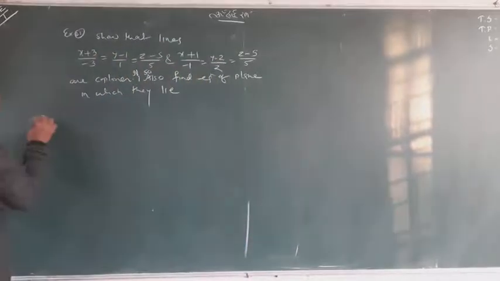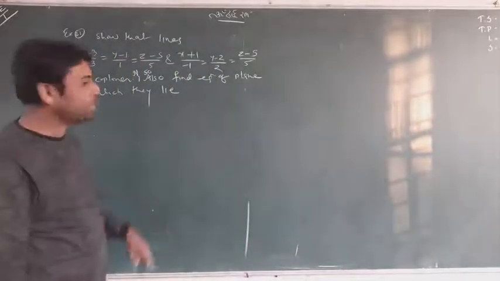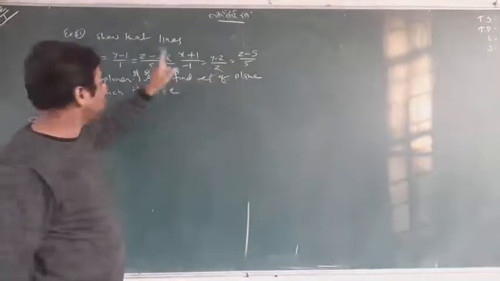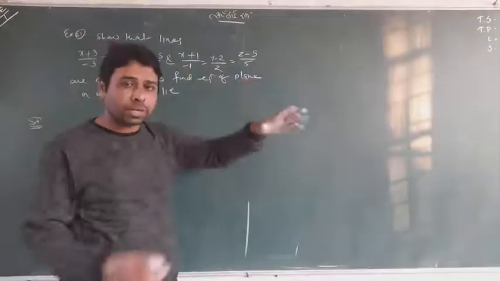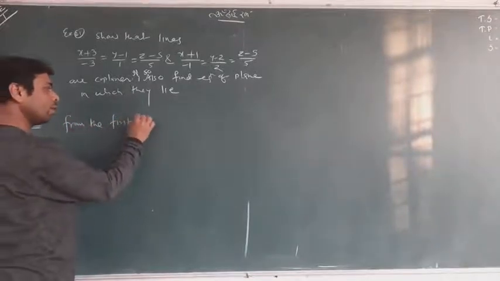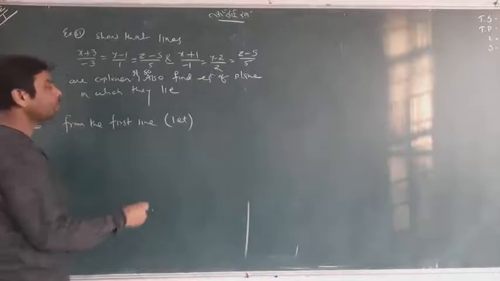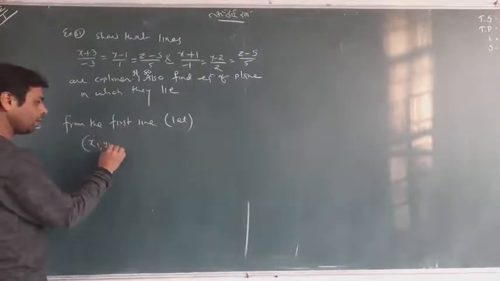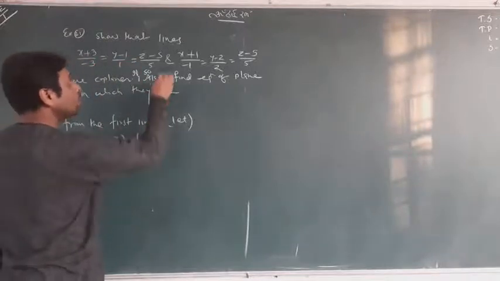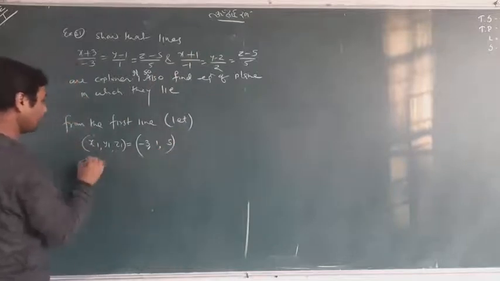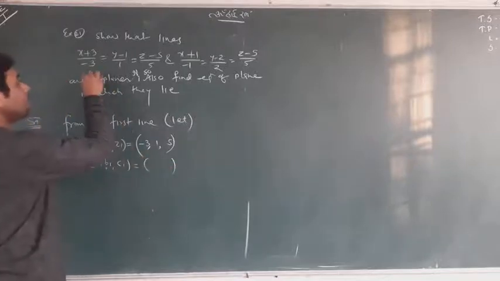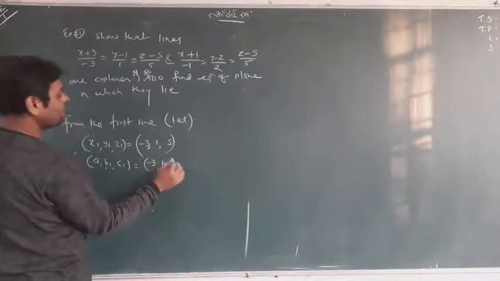Okay, first of all we'll show it. I tell you that it's very easy. From the first line you can get x1, y1, z1, and from the second line you can get x2, y2, z2, a1, b1, c1, a2, b2, c2. First catch it. From the first line, we have x1, y1, z1 as minus 3, 1 and 5, and the ratios a1, b1, c1 as minus 3, 1 and 5.